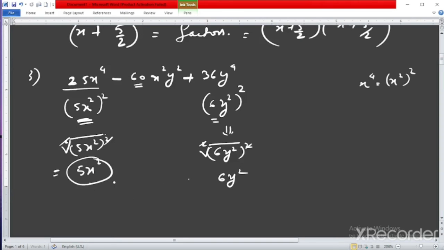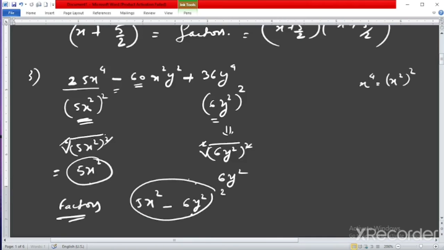Now, the two roots which you are getting are to be connected by which sign? The sign of the left out term. So your factors will be 5x square, and the sign is minus, so you are going to use minus, and then 6y square. This becomes your factor, and it is going to be the whole square.